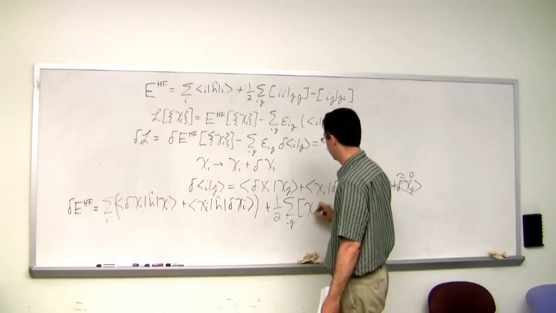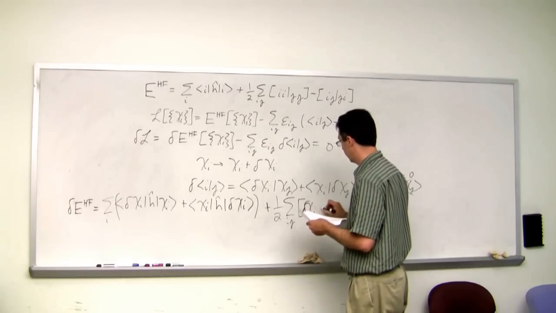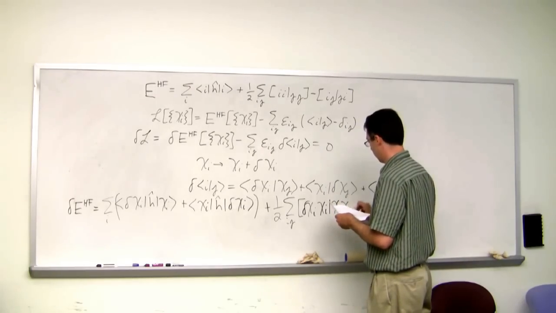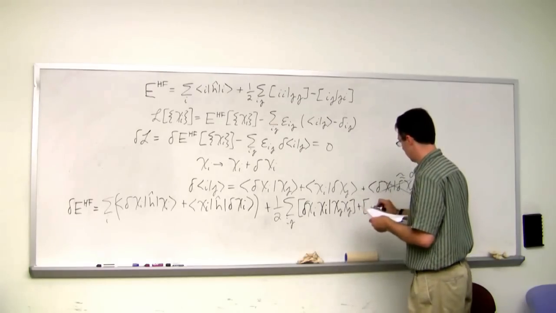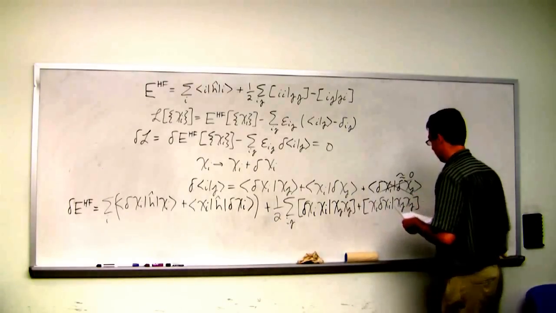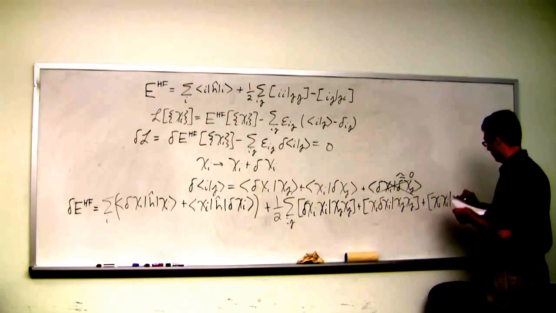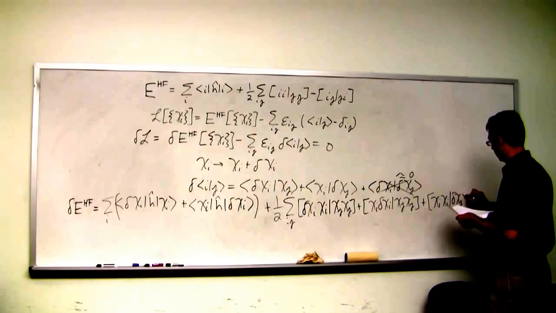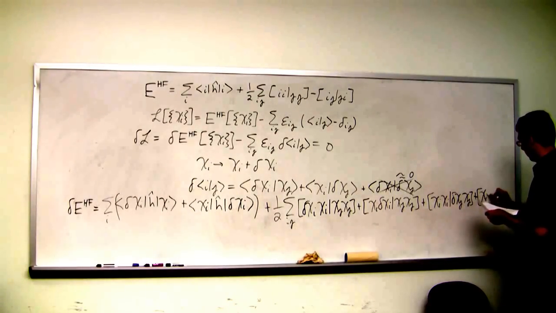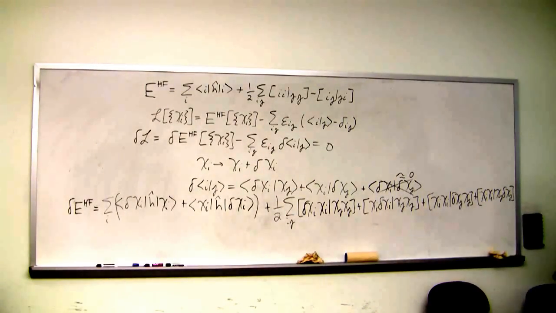Okay, so the first bit is going to be, again, I just means chi I, so I'm going to spell out delta chi I. So delta on the first one, chi j, plus chi I delta chi I j, plus, maybe the first 2 are the same, chi I, and maybe the third one changes, delta chi j, plus, if I can squeeze it on here, the fourth one changes, chi j, delta chi j.